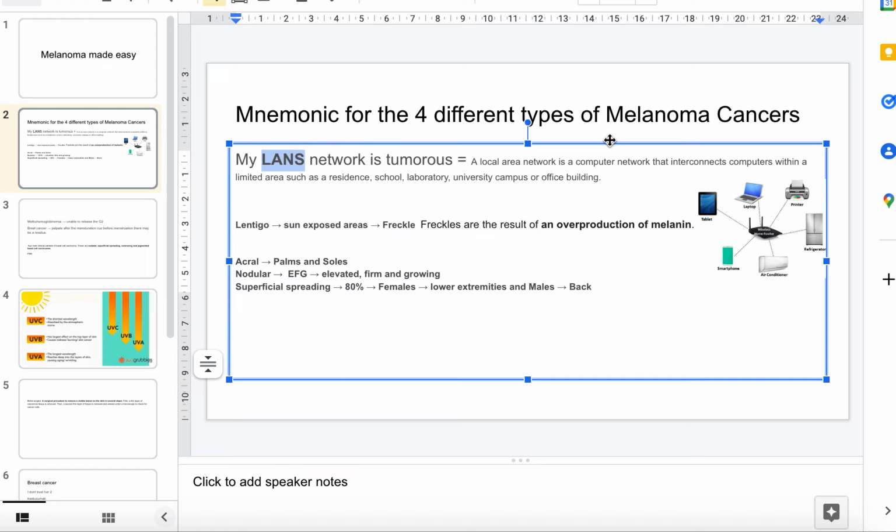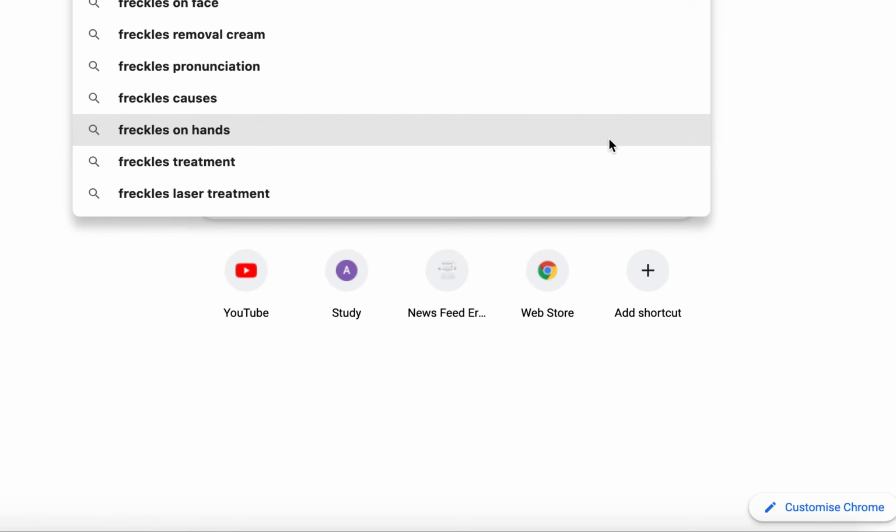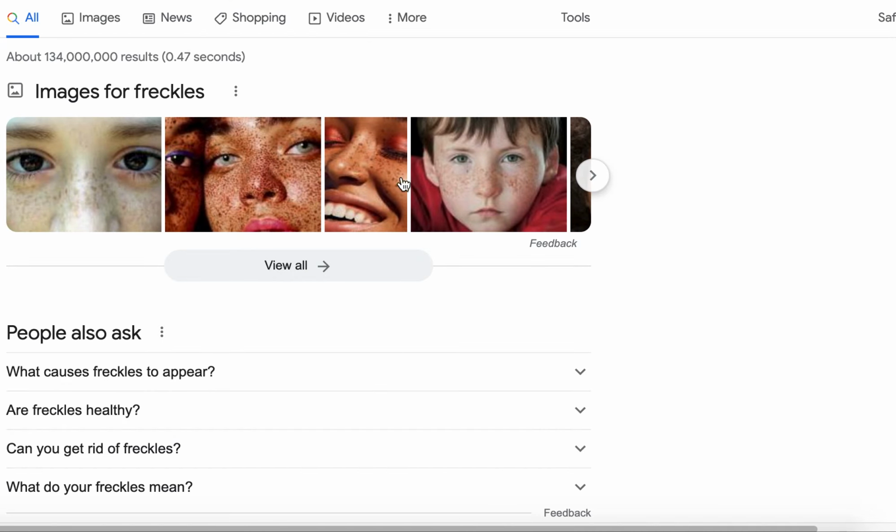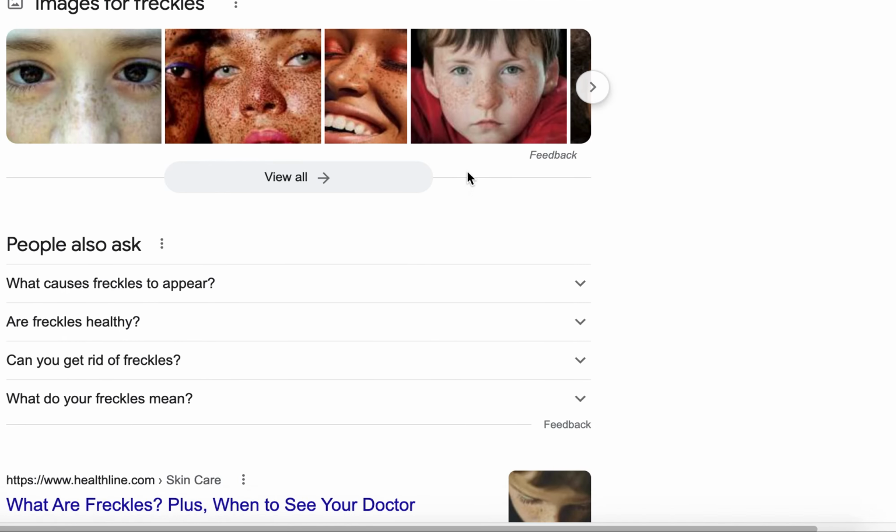These freckles are a response to the overproduction of melanin. So these are kind of like dots on the face. I'm sure you've all seen this. Freckles is just kind of like dots on the face.